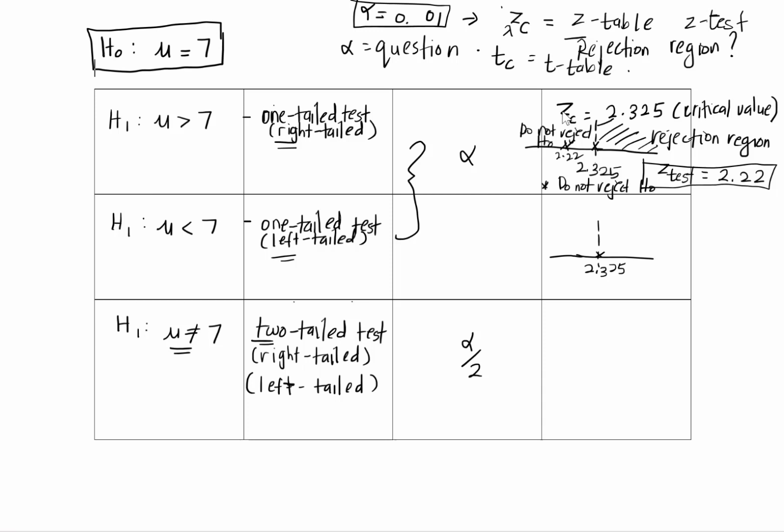For the left tail test, this side is the rejection region and this side is the non-rejection region.